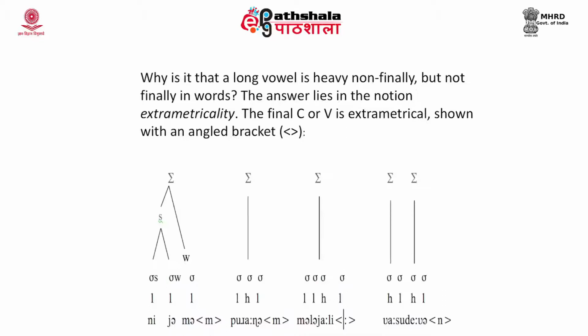Coda is just not present in Malayalam. That's why we say a long vowel, which is heavy, is the one which is stressed, only on the condition that it's not final.